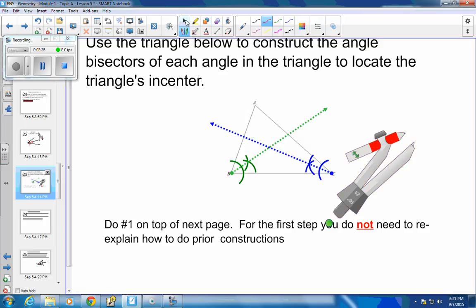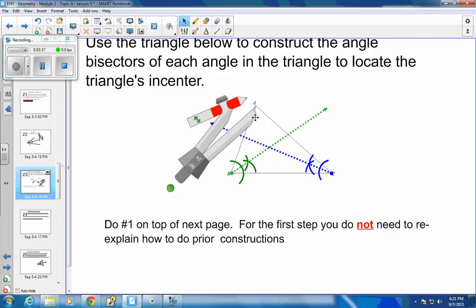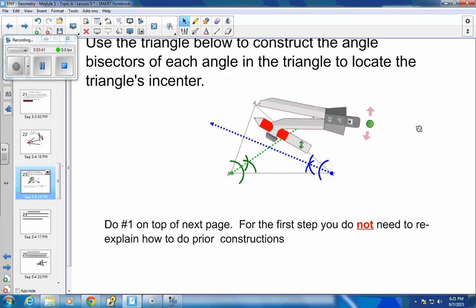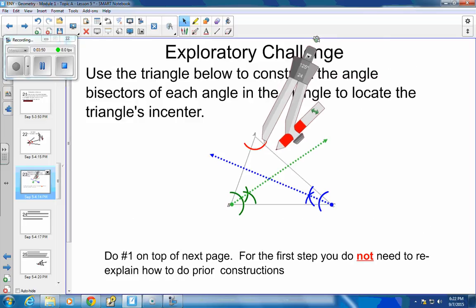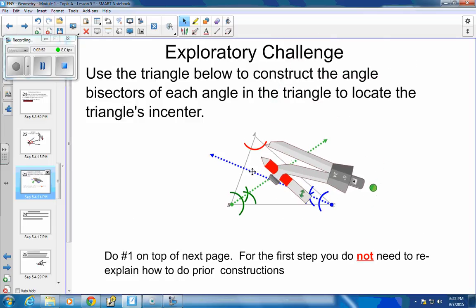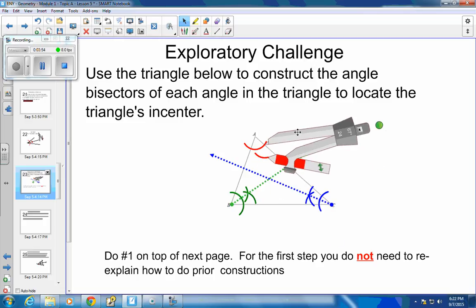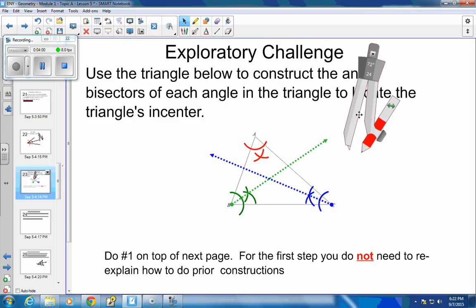So I'm going to move my compass to my last vertex A. I could make a whole circle, or I could just make the arc so it crosses both rays of my angle. Then I could either make a circle from this intersection or just an arc. Again, to go the other intersection, I could make a circle or just an arc.